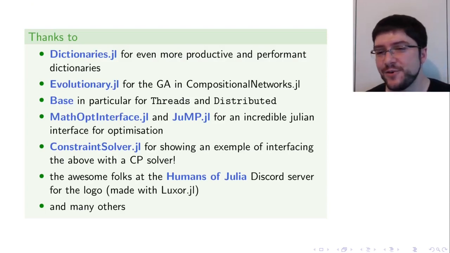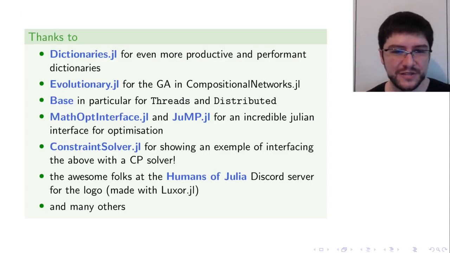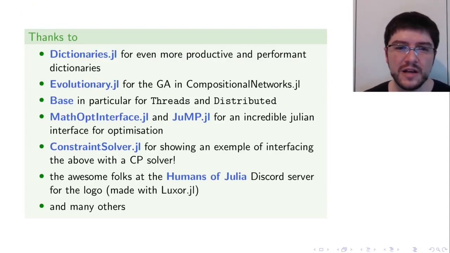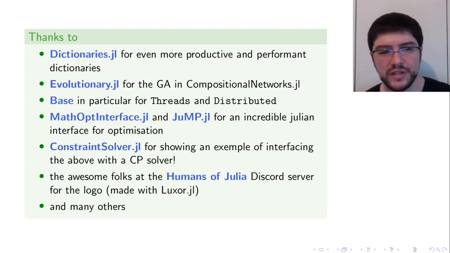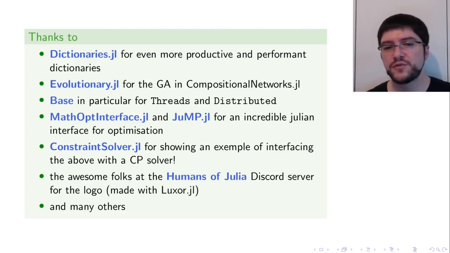Finally, I want to thank all the packages we depend on, especially the following ones. Dictionary.jl for an even more productive and performant dictionary; Evolutionary.jl for the genetic algorithm in compositional networks; Base in particular for threads and distributed that really work out of the box. It is great.